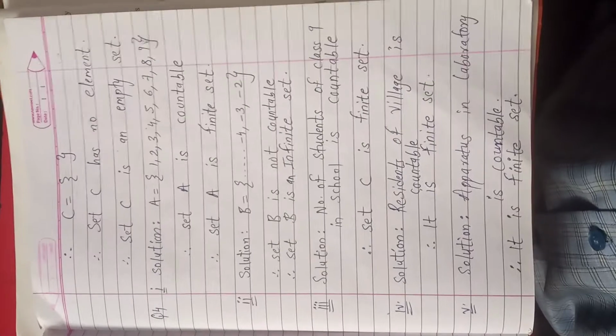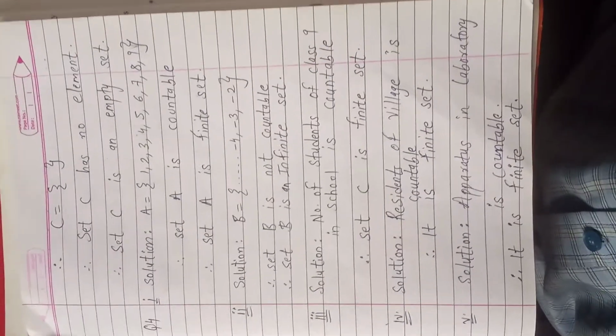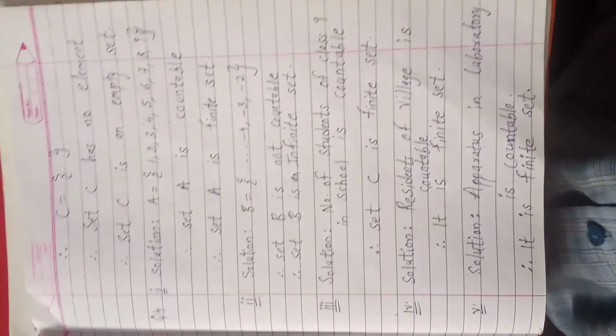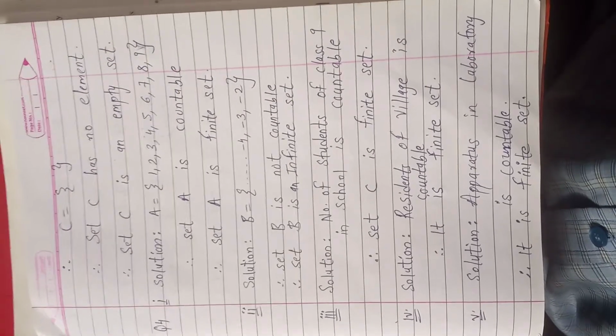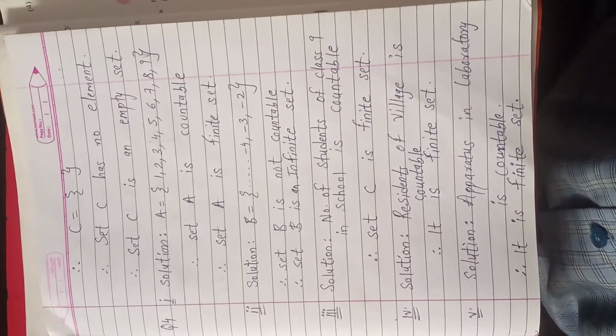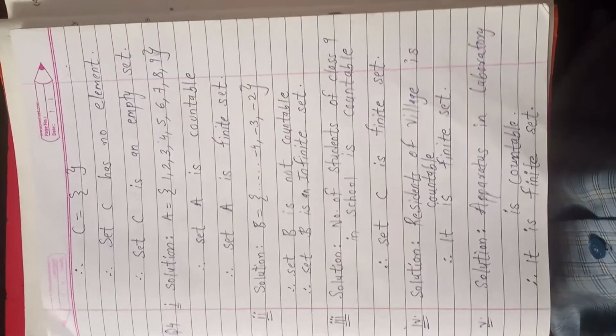So set B equals curly bracket open, dot dot dot, minus 4, minus 3, minus 2, curly bracket close. Therefore set B is not countable. Therefore set B is an infinite set. We cannot count, so it is an infinite set.